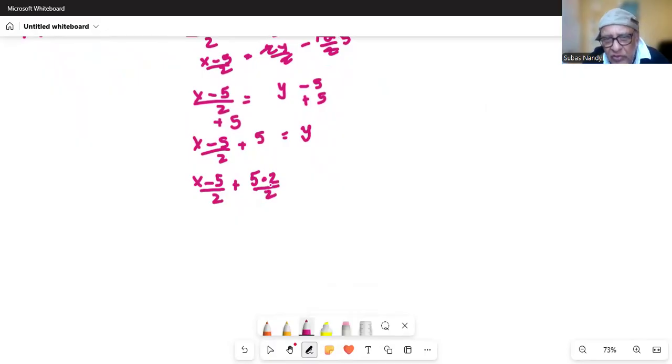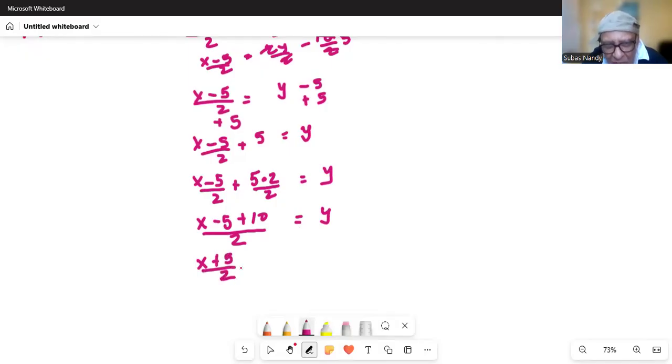Why? 2 cancels with 2 and still remains 1. So 5 times 2 is 10. So I have x minus 5 plus 10. Remember, I have to get the denominator the same to do addition or subtraction in fractions. So I have x, 10 minus 5 is 5, or plus 5 because 10 is greater than 5. (x plus 5) divided by 2 is equal to y.